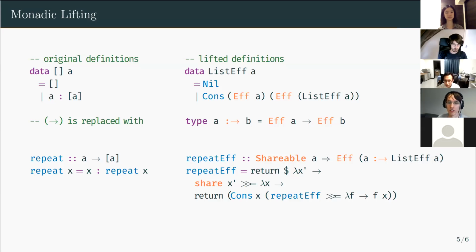In the context of non-determinism, this would mean that we actually share any choices that were made in the computation of x across both occurrences here in cons and the recursive execution of repeat f.